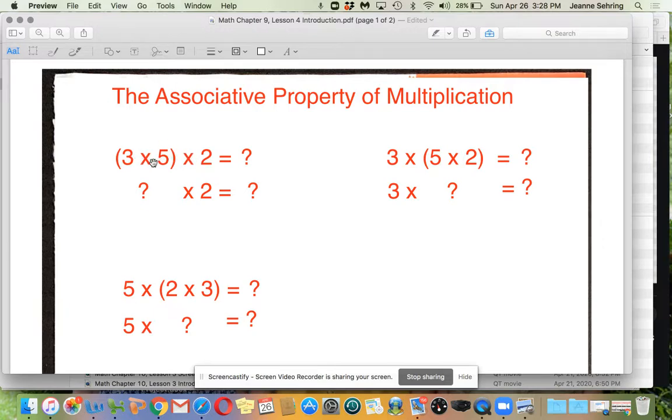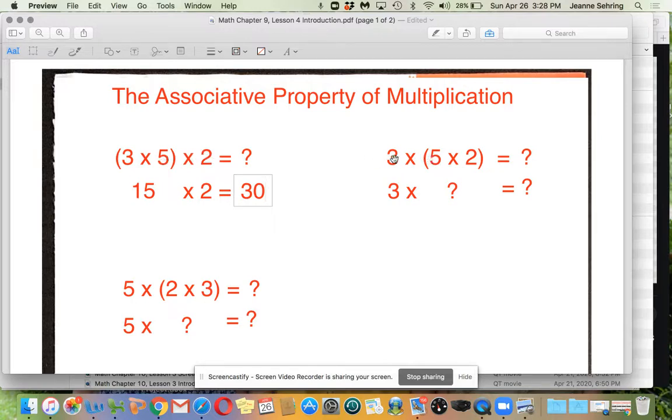So let's try this one. Now you remember that we have to do multiplication inside the parentheses first. So 3 times 5 is 15, and 15 times 2 is 30. Correct? Now over here, I just moved the parentheses. Here I have 3 times 5 in the parentheses and the 2 is outside.